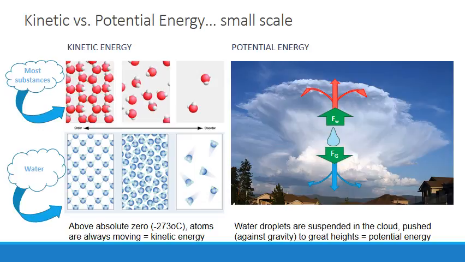An example of potential energy from the science of weather is the forces acting on droplets inside a thunderstorm.